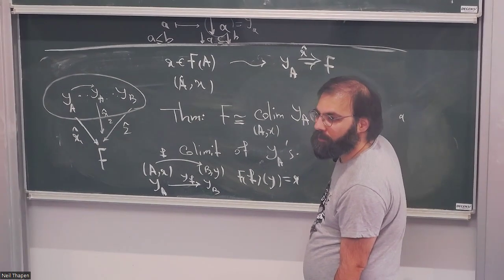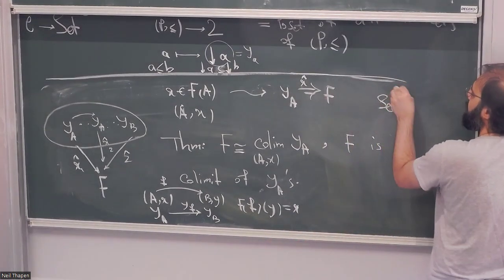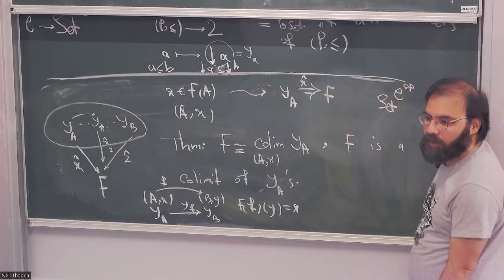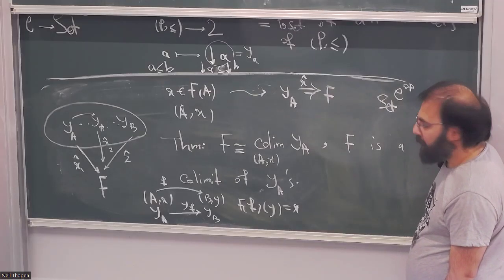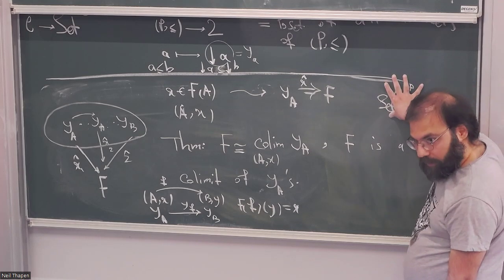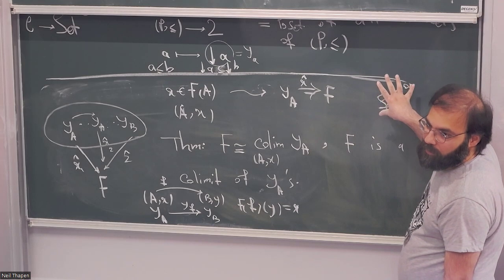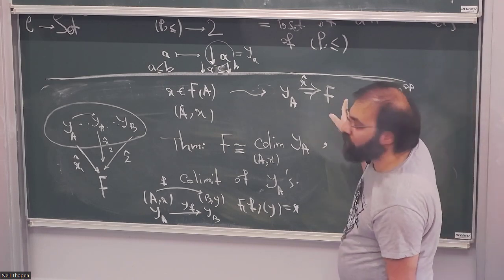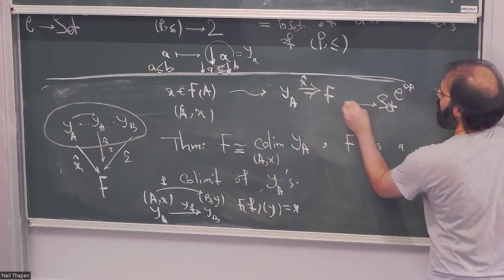Where does F go? F is in Set^(C opposite), right? It's an object here, or it's a functor from C opposite to Set. Inside this category, actually, there are some Yonedas, some elements from C. So some copies of the elements of C, because C lives here, right?